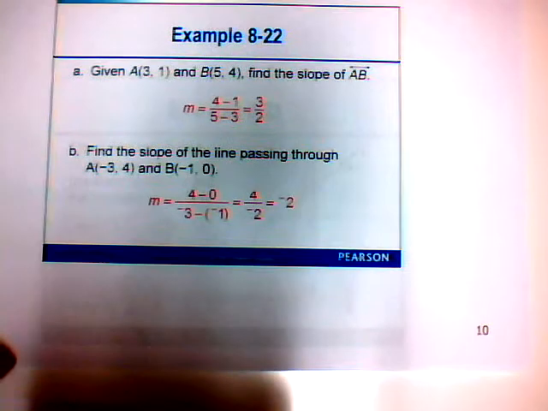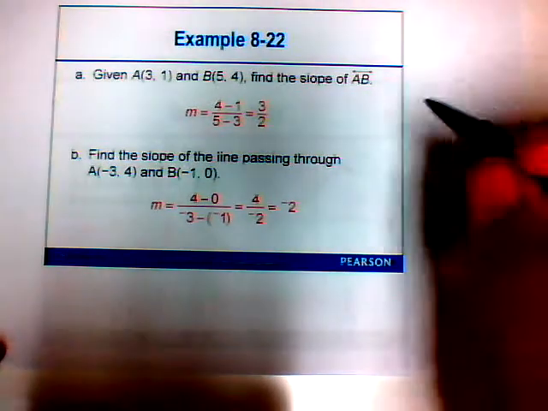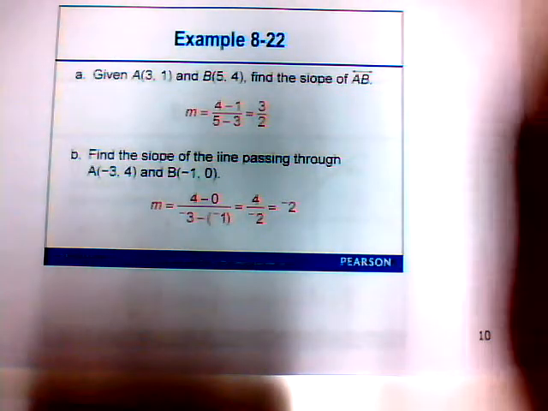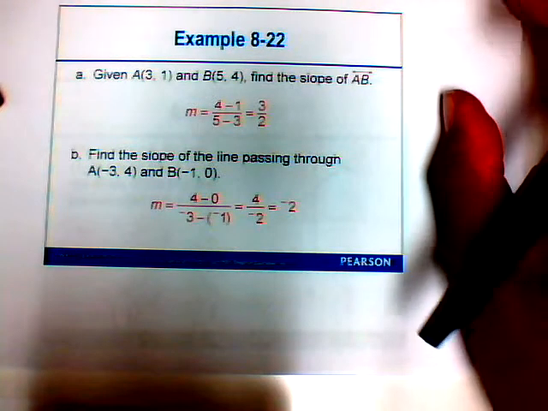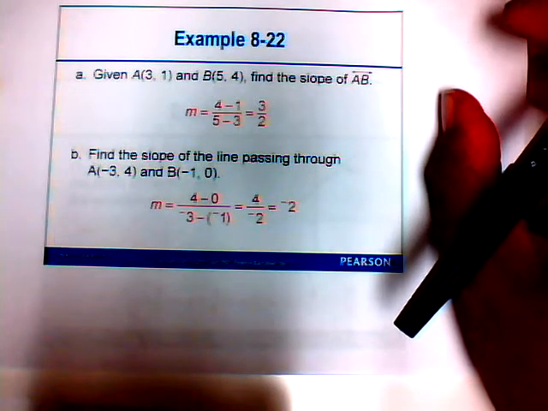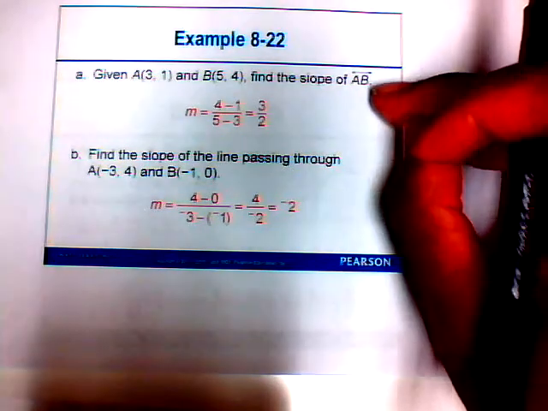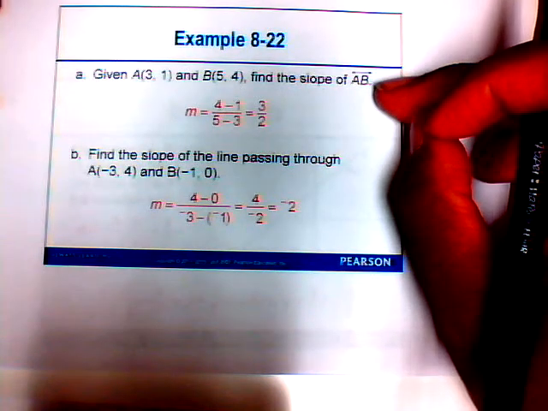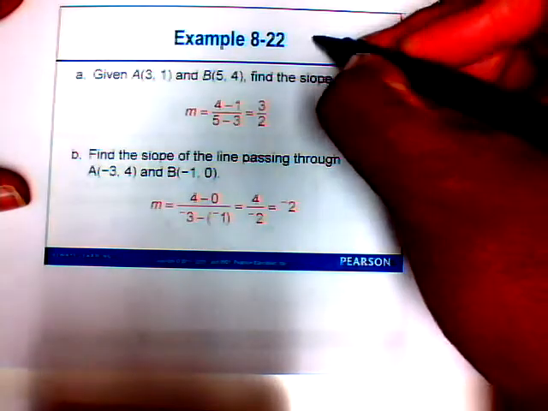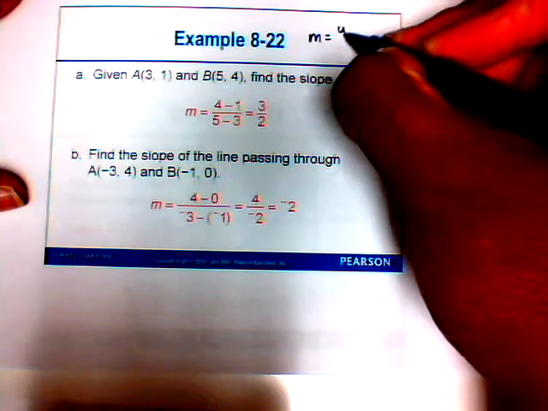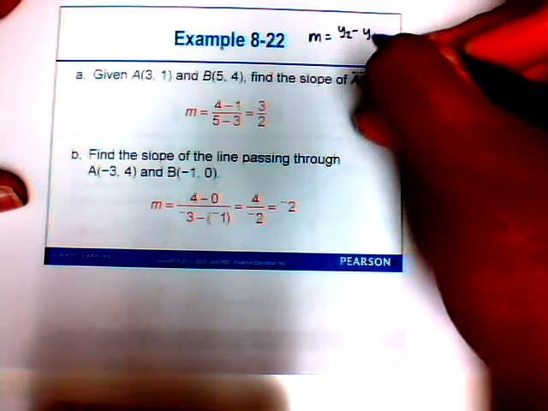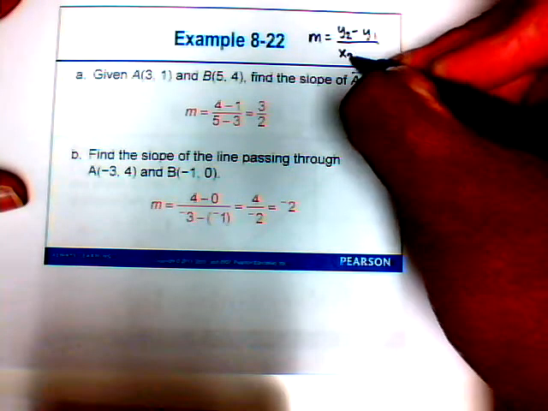A couple of examples of finding the slope of a line would be this. Let's say we're given the points A with the ordered pair (3, 1) and B with the ordered pair (5, 4). You want to find the slope of the line segment AB. Now in both of these we're using the formula m is equal to y2 minus y1 divided by x2 minus x1.